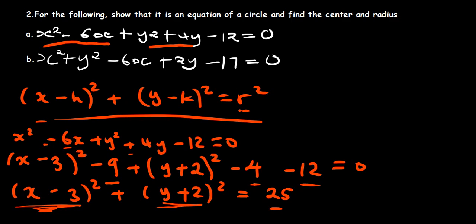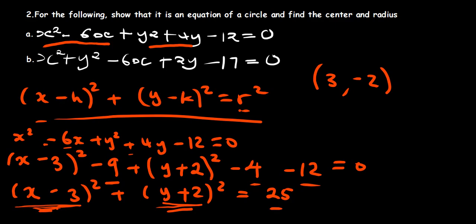So when I equate the first part to 0, I have x is equal to 3. So my center's x coordinate is going to be 3. And when I equate this to 0, my y coordinate is going to give me negative 2, like that. So this is my center. Then how do I get my radius?